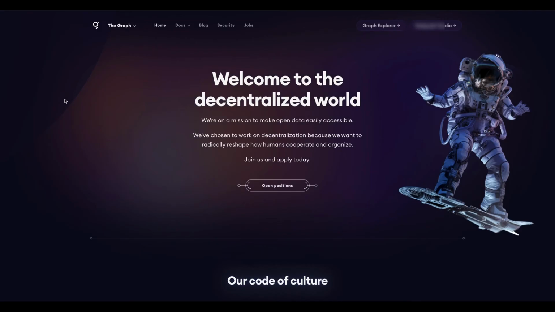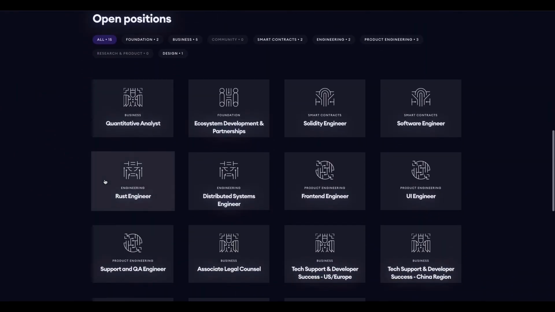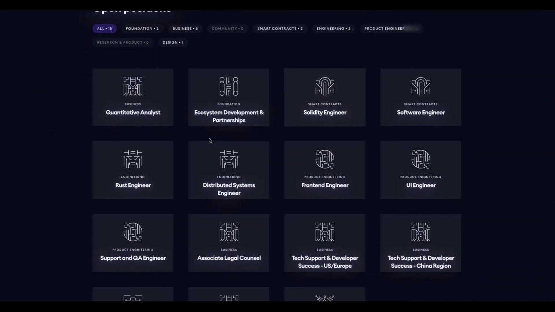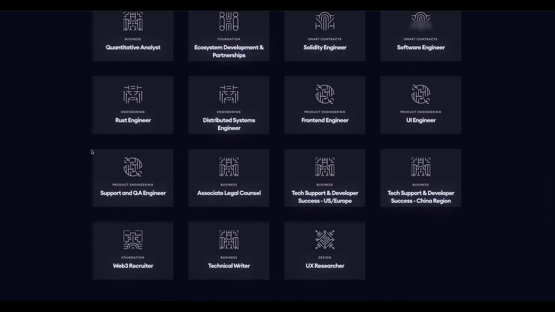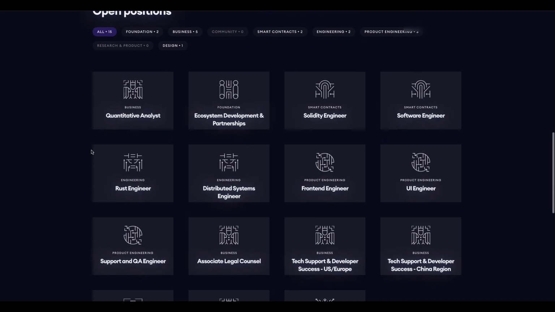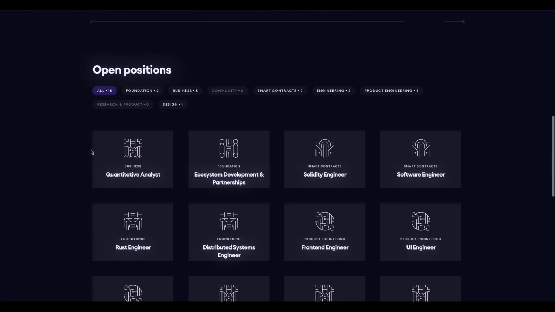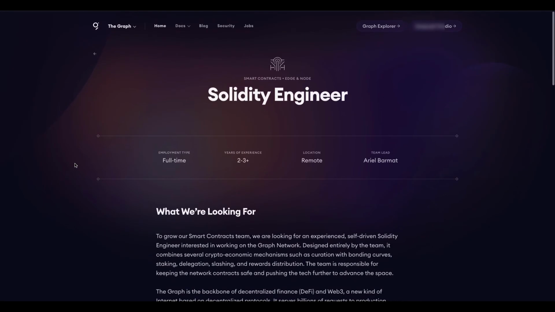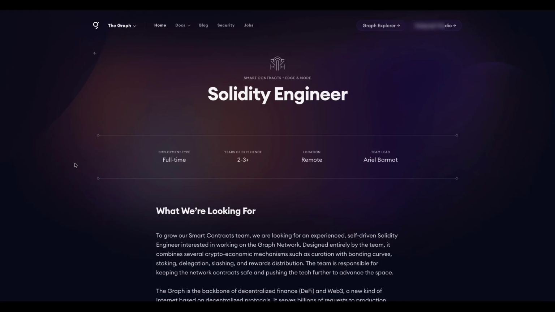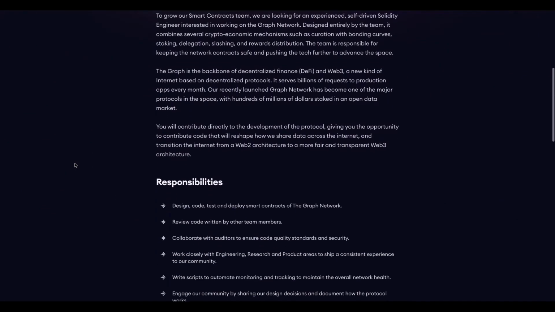And they also have jobs. Become a Solidity engineer, a software engineer, front-end engineer, or I can also say developer, a writer, researcher, UI designer. Pretty cool. I mean, if I were to work with GRT, that's probably the job I would aim for.